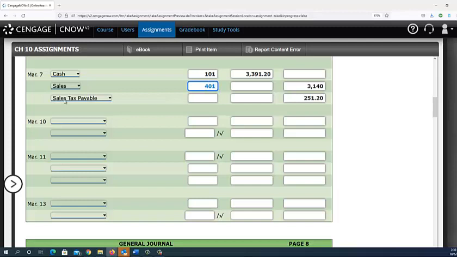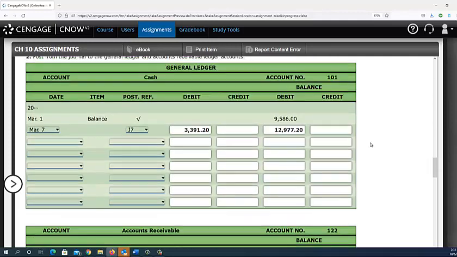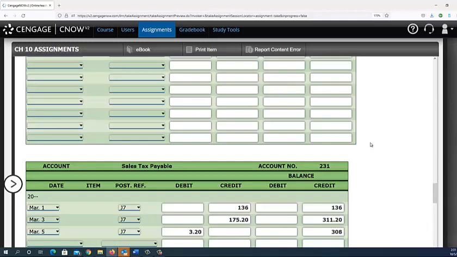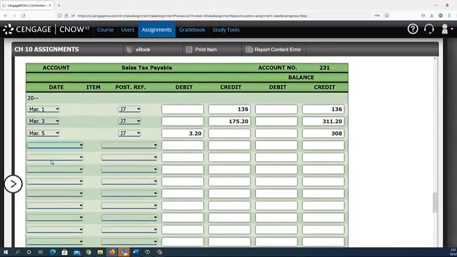And we've got a credit to sales tax payable for $251.20. Okay, so a credit and a credit will add, and we get a balance of $559.20.